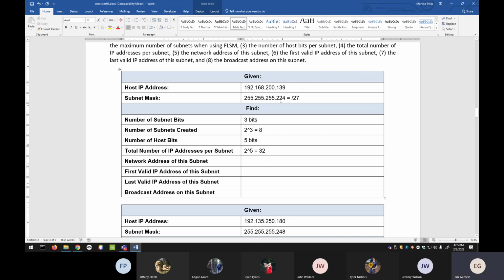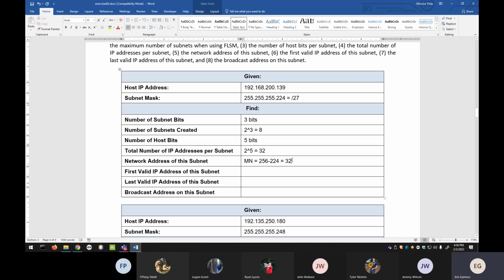If you look at this, you can infer the magic number. What will be the magic number? 256 minus 224, which is 32. What does it mean? That when we create a subnets, we go by steps of 32.